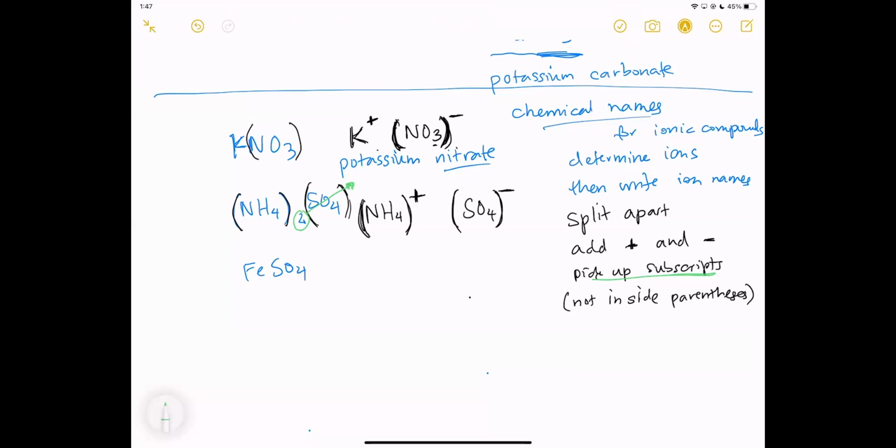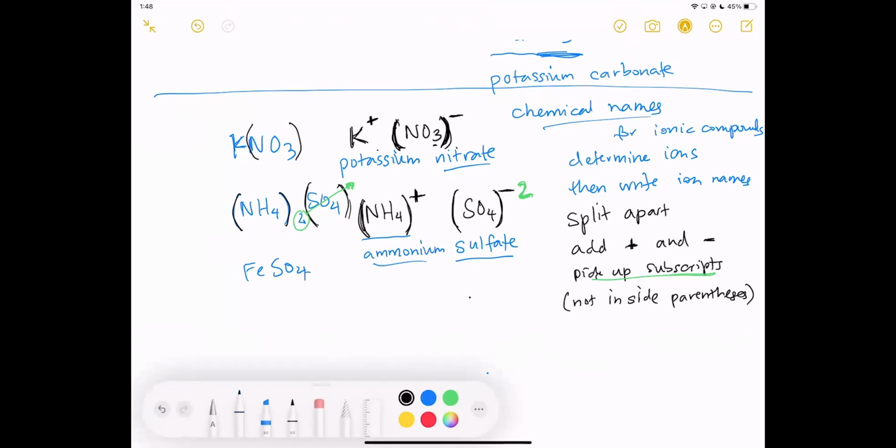So it goes up to here and it becomes the 2 above SO4. And that's good because this is the name of the ion on your polyatomic ions list called sulfate. And NH4 plus in parentheses is the name of ammonium on your polyatomic ions list.